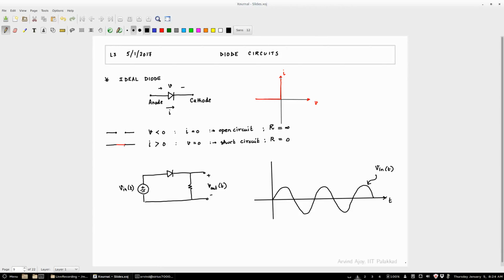So let me say Vin is this. What would Vout be? How do you analyze this circuit?